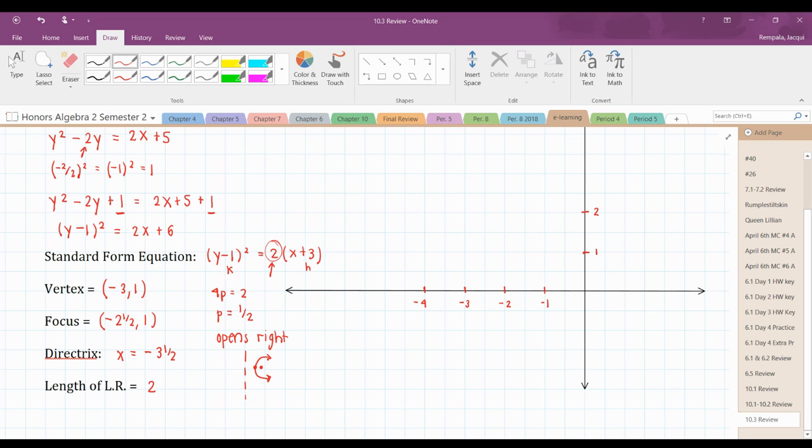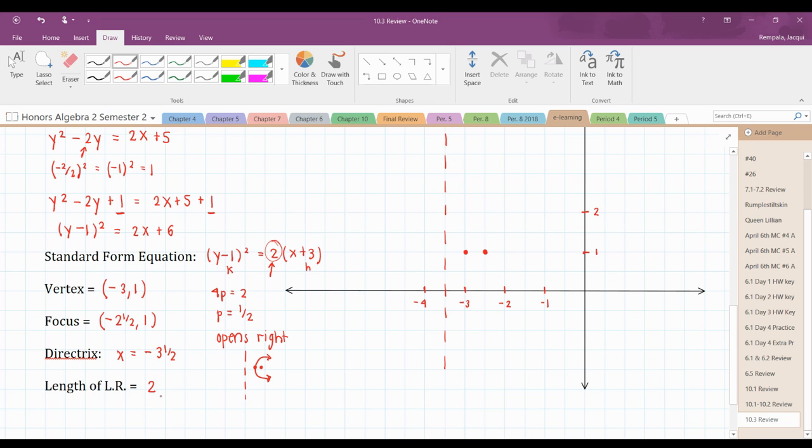So negative 3, 1, that puts my vertex right here. Okay, if my focus is negative 2.5, 1, that puts it right here. My directrix is a vertical line at negative 3.5.